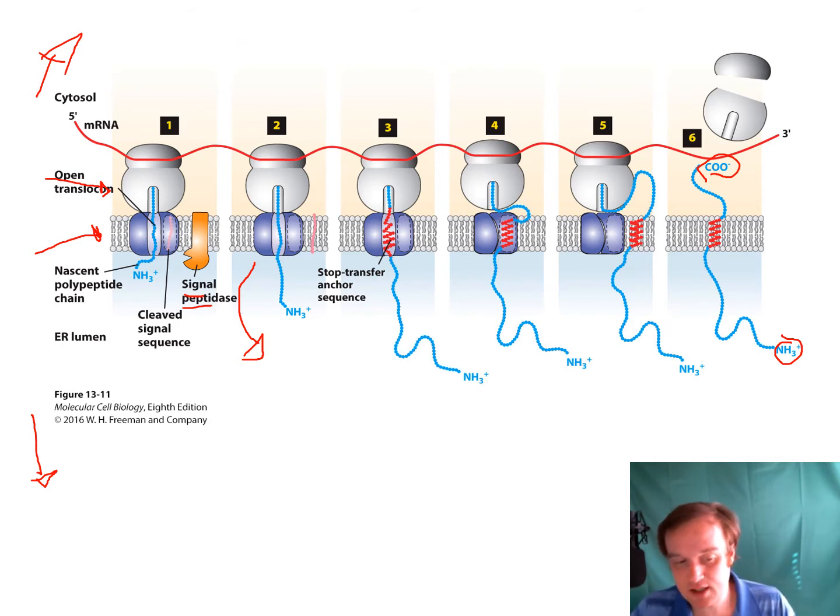In step 3, the elongation continues until a hydrophobic stop transfer anchor sequence enters the translocon. So there's a specific sequence, the stop transfer anchor sequence, that says, okay, this is that transmembrane motif.